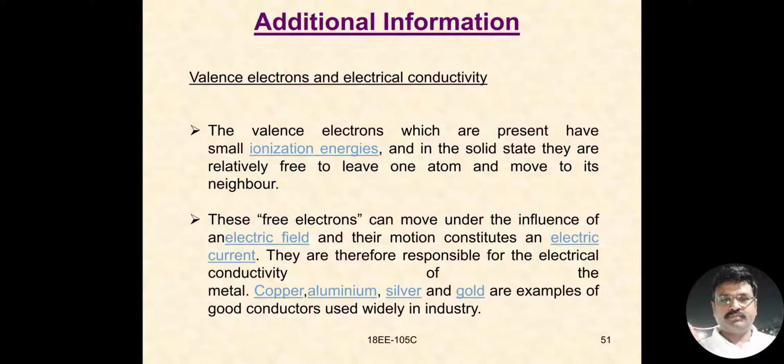They are therefore responsible for the electrical conductivity of the metal. These are some examples of good conductors: copper, aluminum, silver, and gold. They are good conductors widely used in industry.